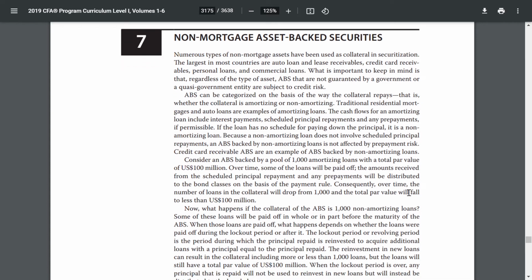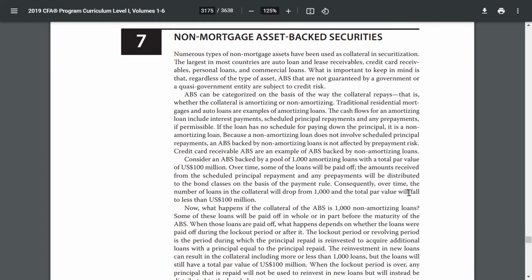ABS can be categorized on the basis of how the collateral repays, that is, whether the collateral is amortizing or non-amortizing. Traditional residential mortgages and auto loans are examples of amortizing loans. The cash flow of an amortizing loan includes interest payments, scheduled principal repayment, and any prepayments, if permissible.